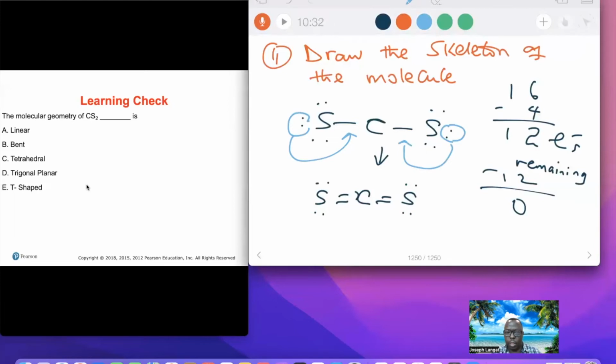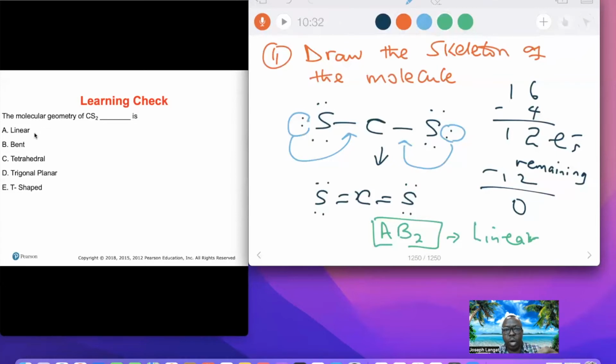So if I look at the formula using the general formula, this is AP2, which is linear. So our correct answer is A. You don't need to memorize, okay? All you have to do is draw the Lewis structure for the molecule.